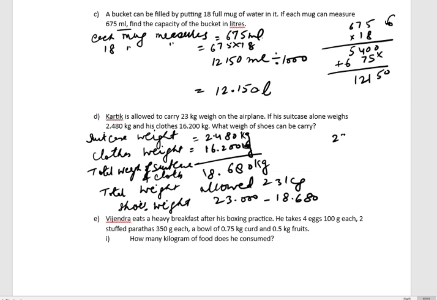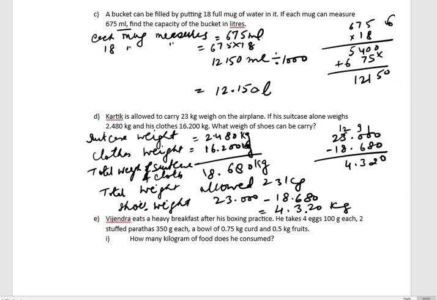So subtract 23.000 and 18.680. 0 minus 0, 0. It has to be taken carry. So 10 minus 8 will be 2. It was 10, so 9. So 9 minus 3 will be 6. It is 2 here, 2 is smaller, so it becomes 12. 12 minus 8 will be 4. So he can carry a weight of 4 kg 320 grams. So this weight can be of shoes.